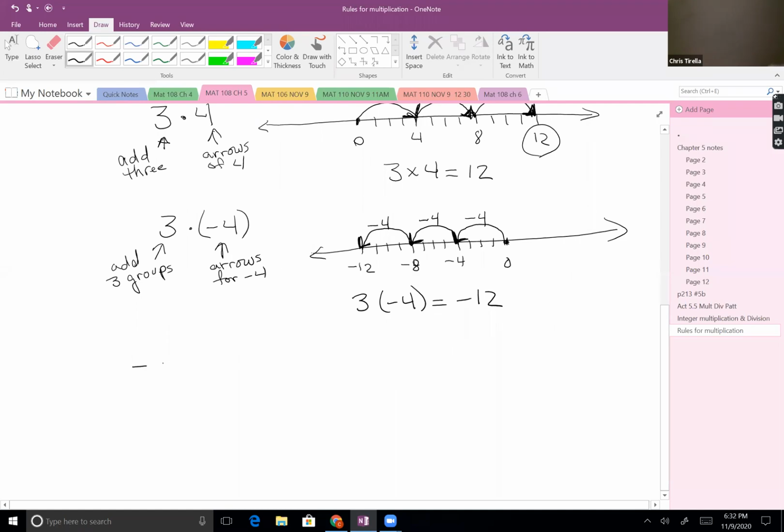Now, instead, if I were to take negative 3 times 4, because this is negative, instead of adding 3 groups, we're going to take away 3 groups or 3 arrows of positive 4. And so again, I'm going to start at 0.